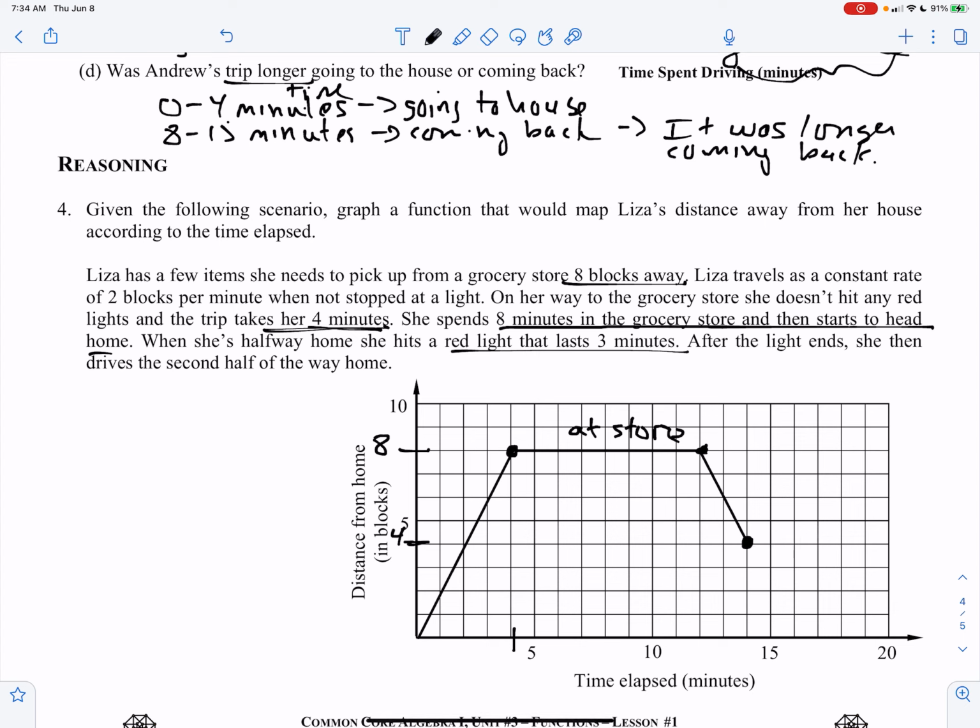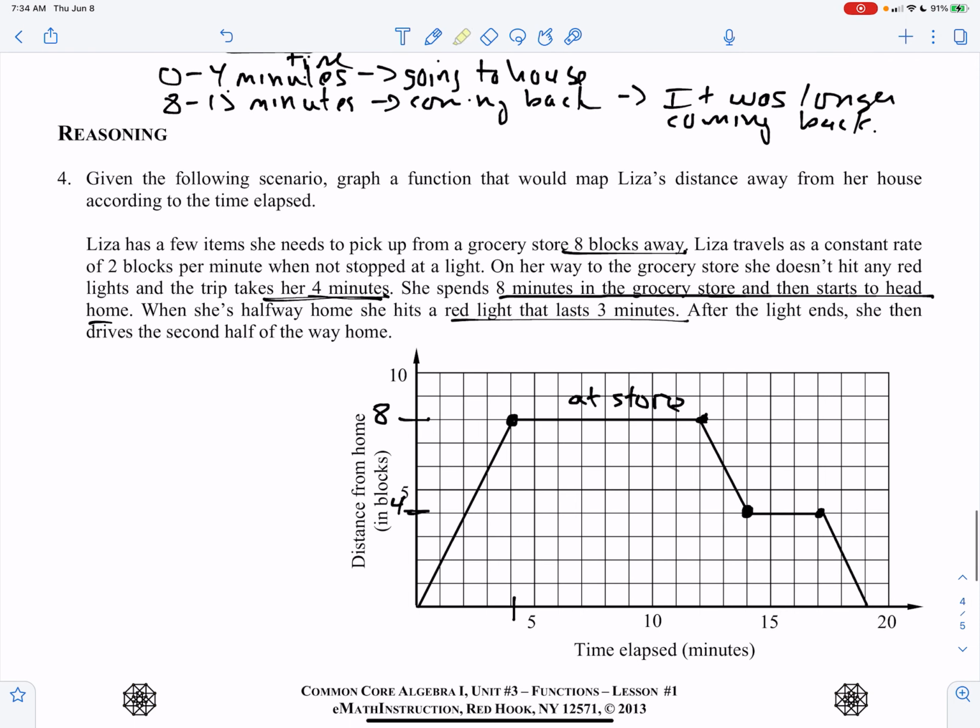That would put it all the way up to 17 minutes. After the light ends, she then drives the second half of the way home, at the same rate, so the same steepness of line. Notice how the steepness of line here, the rate at which she's traveling, is the same rate at which she's going home. Hence, the steepness is the same.